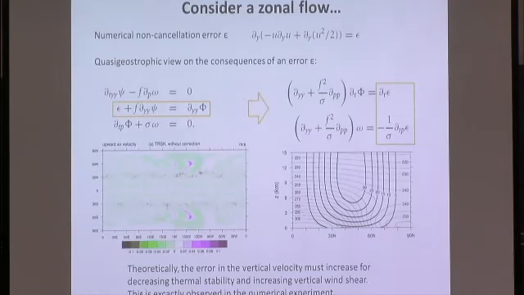And if you rewrite the fluid dynamics equations in this kind of geopotential tendency equation and omega equation, you see that there are errors which are just appearing because you have these non-cancellation errors. And this error will increase if the vertical wind shear increases, because this error depends on the velocity itself.